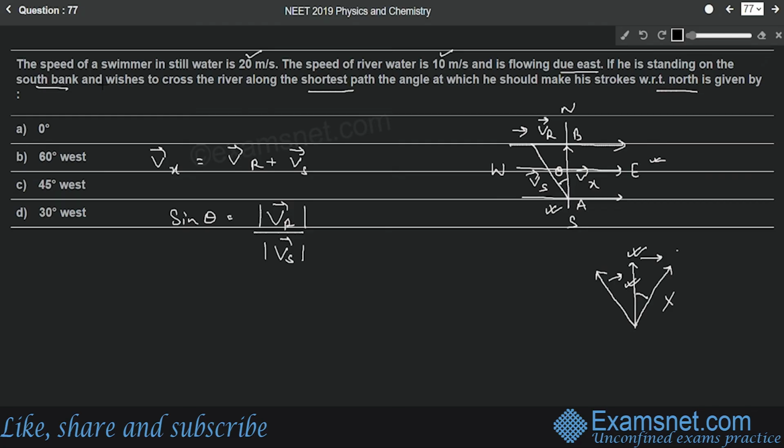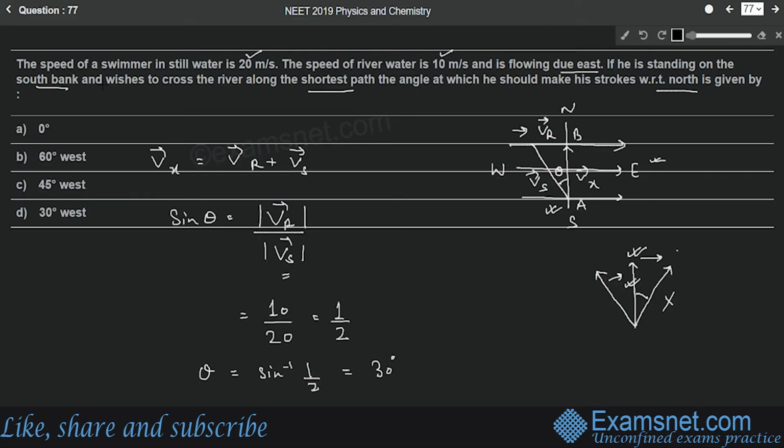Now what is the speed of river? It is 10 meter per second. So if we put the value 10 divided by the velocity of the swimmer, that is 20 meter per second, here we get half. Sine theta is half, that means theta is sine inverse of half. So what will we get here? 30 degree. Sine 30 degree is equal to half.